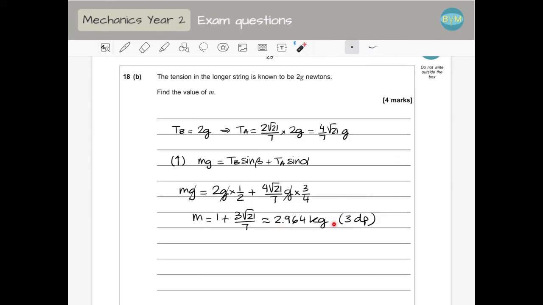The answer in the mark scheme is 3, and they accept this one because this is in fact more accurate. And if we round to one significant figure, we will get 3. Or even to 1 decimal place. And that's all with this question. So that's the maths.